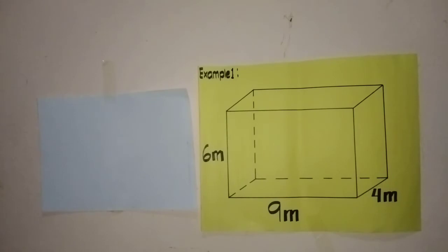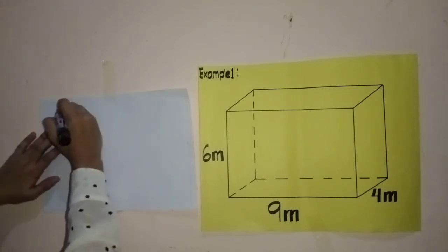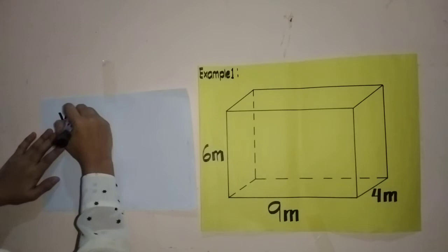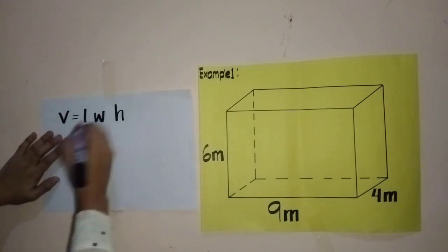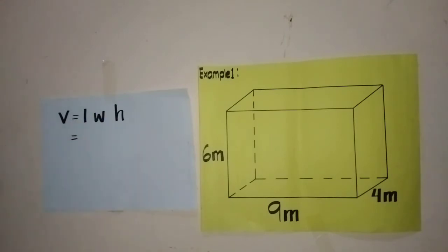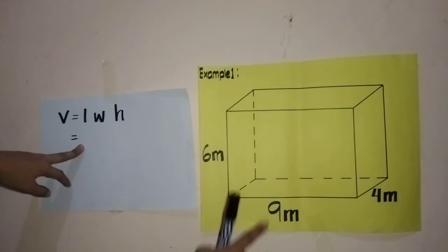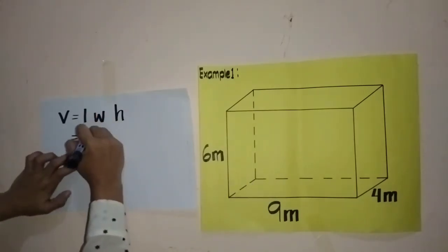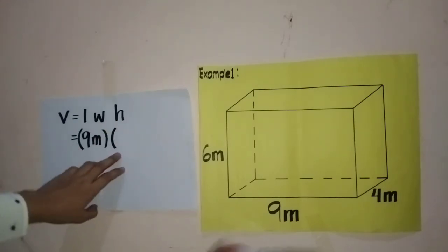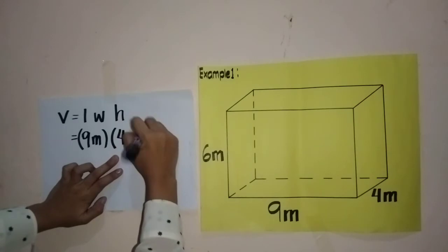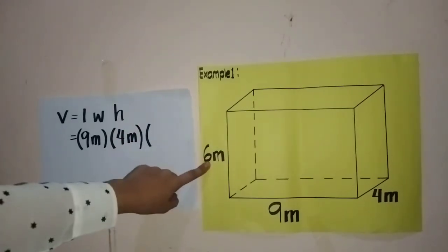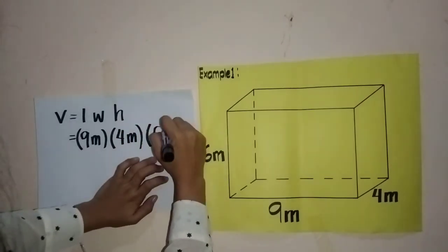So the formula is volume equals length times width times height. Next, we will substitute. The length is 9 meters times a width of 4 meters and a height of 6 meters.